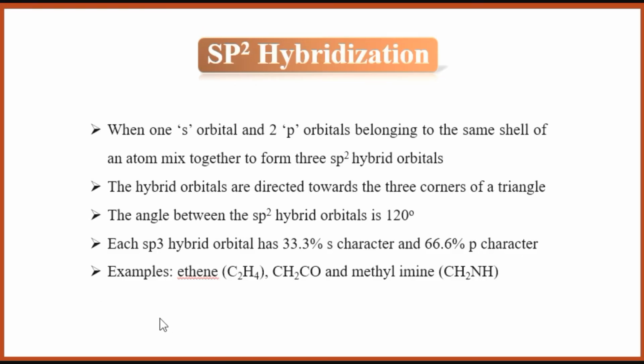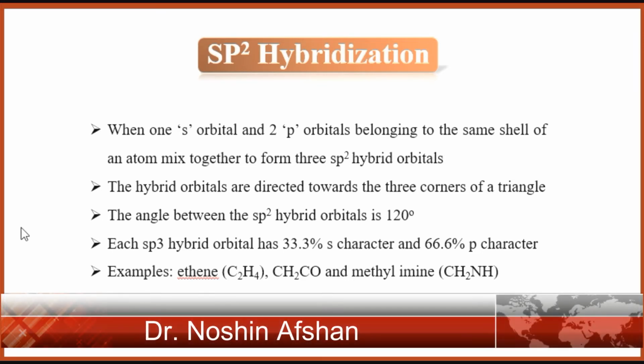So the next category is sp2 hybridization. In this category of hybridization, as its name indicates, there would be one s orbital and two p orbitals. So the one s orbital and two p orbitals belonging to the same shell of an atom would intermix to form three sp2 hybrid orbitals.